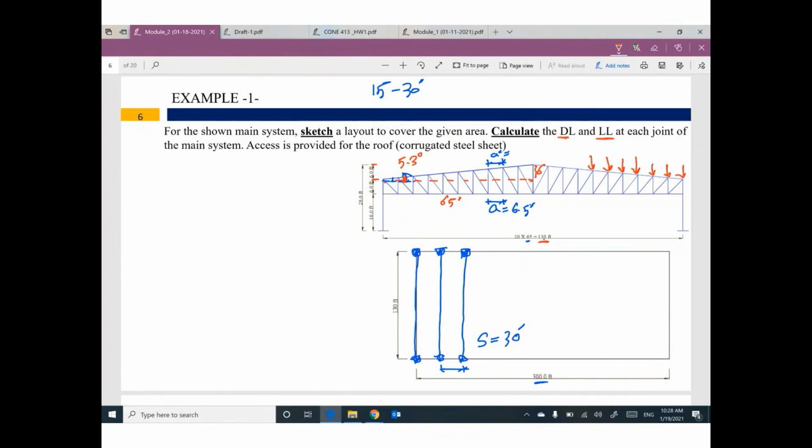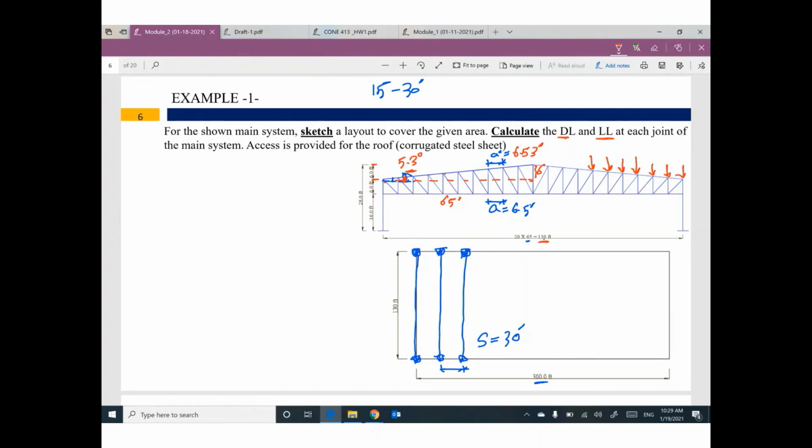Okay, I can figure out the distance A prime. It will be 6.53 feet. They are very close because this angle is very small.